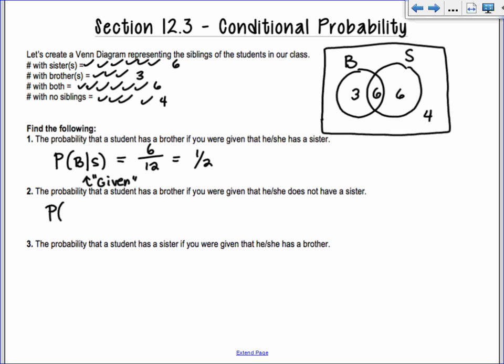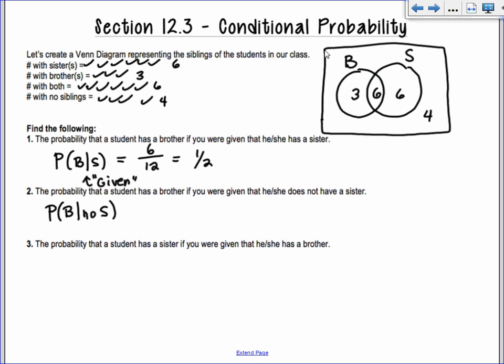Now find the probability that a student has a brother if you're given that he or she does not have a sister. So now we don't have a sister, which means that this area is out. We can't be there. We're only in this region. How many people are in that region? 7.